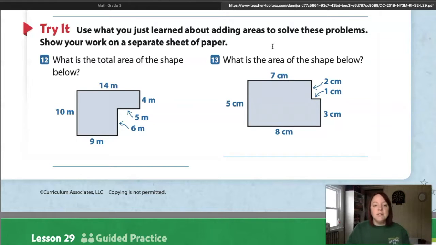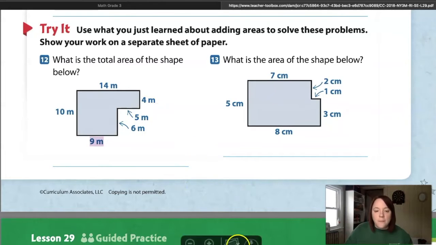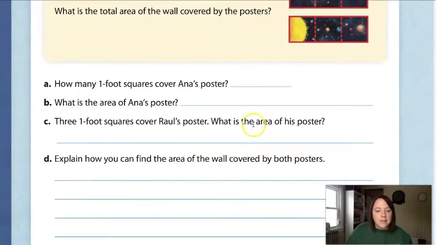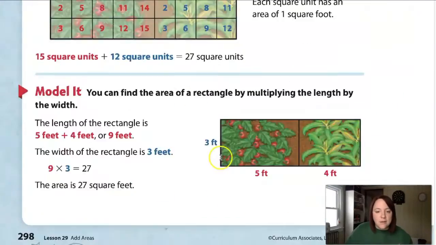So number 12 says, what is the total area of the shape below? It says there are 14, 10, 9, this side is 6, this side is 5, and this side is 4. So it wants us to break it apart. So this is what I'm going to do. I'm actually going to download it and show you better so I can draw a line on it. Let me scroll down and find it real quick.